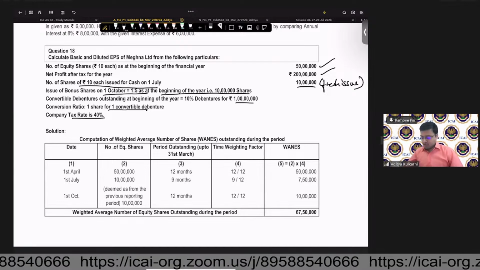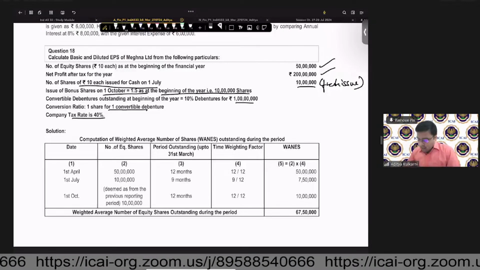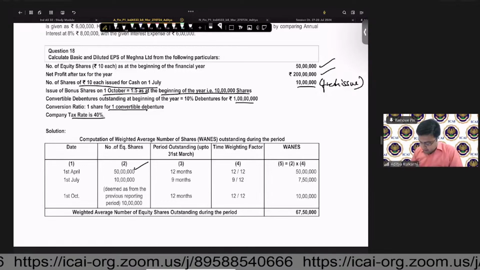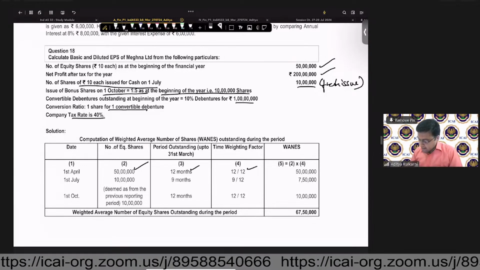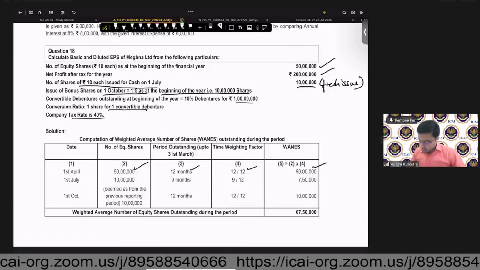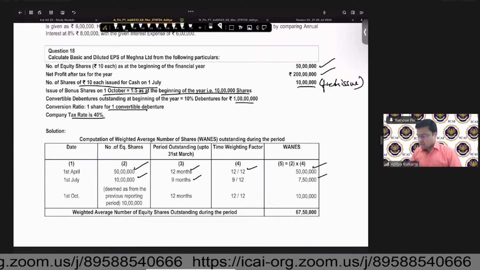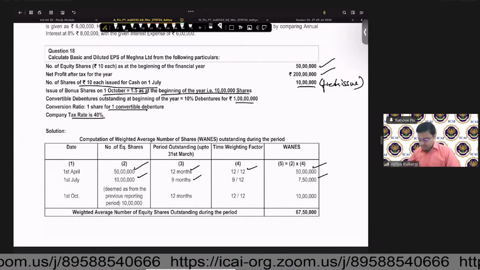Okay, fine. So first one, weighted average number of shares. I start with how many shares? 50 lakhs. These were there for the entire 12 months. Then I made a fresh issue of 10 lakh shares, which are in existence for only 9 months. So that comes to 7,50,000.